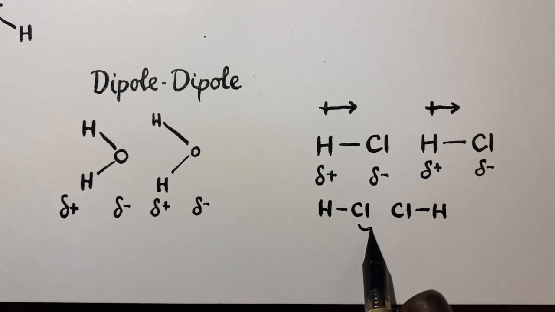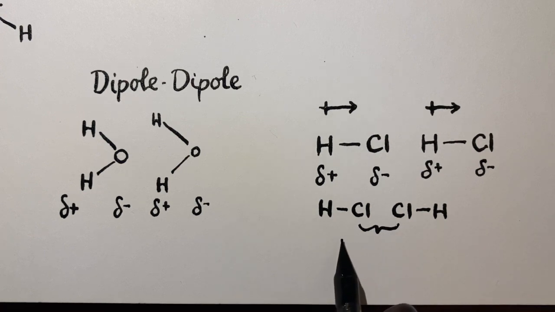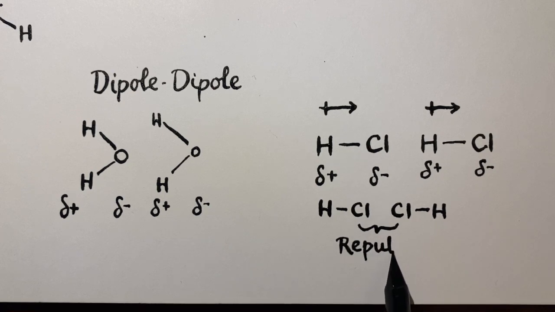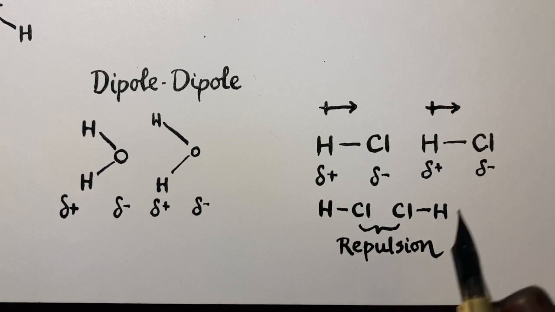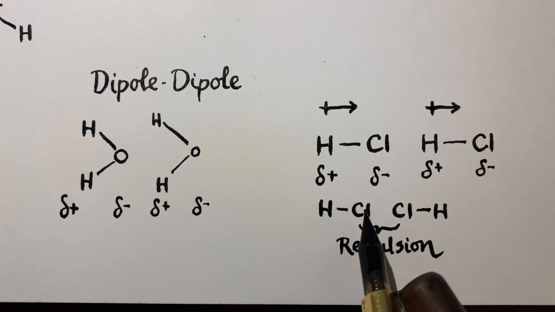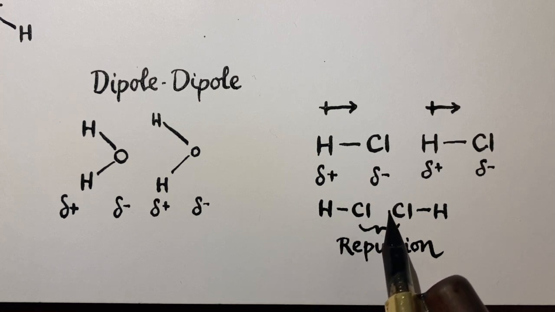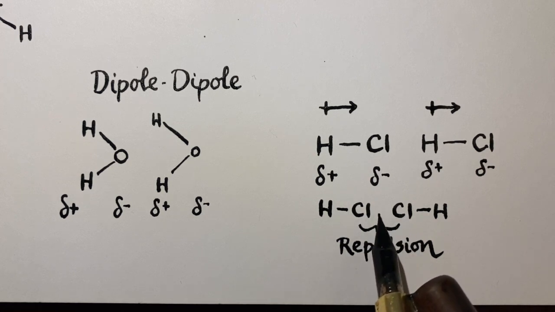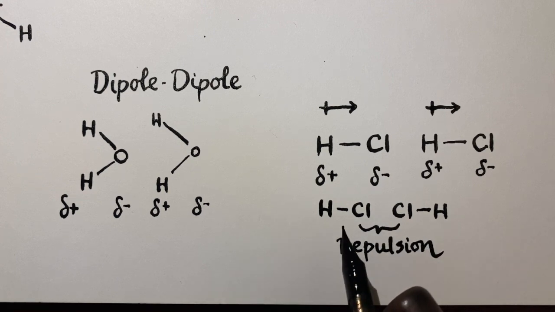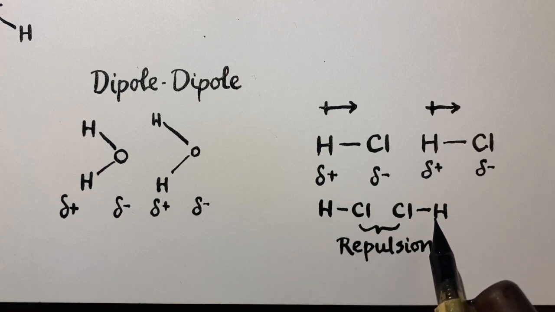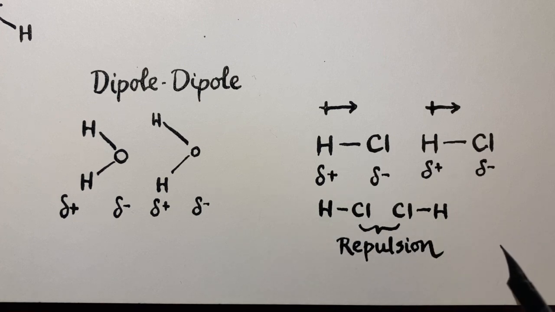Now what we would observe here is repulsion. These repulsive forces, that would be a partial negative next to a partial negative. So that's what happens when you configure two different molecules in this way. So keep that in mind as well.